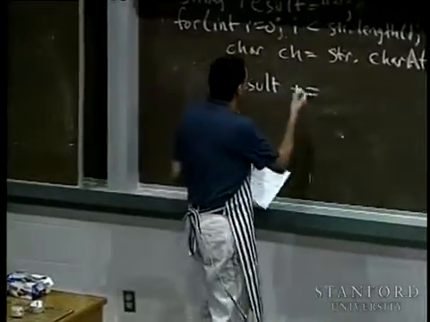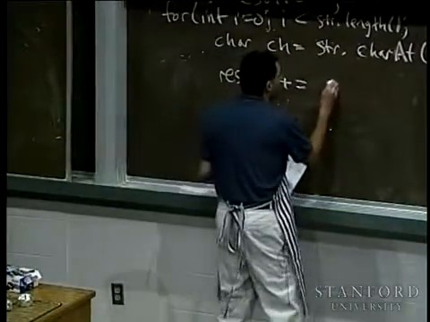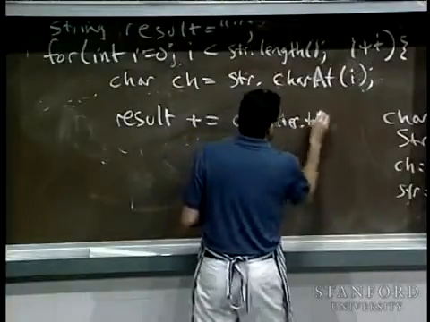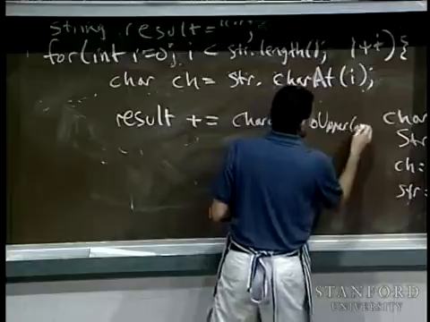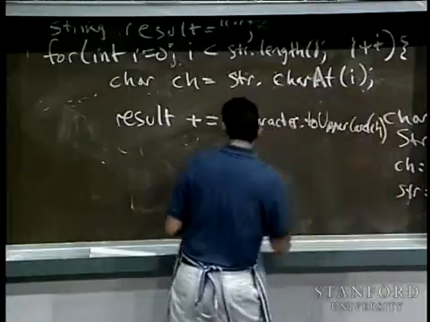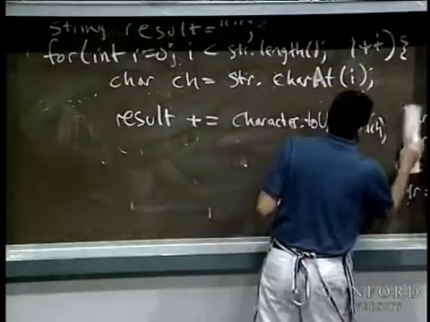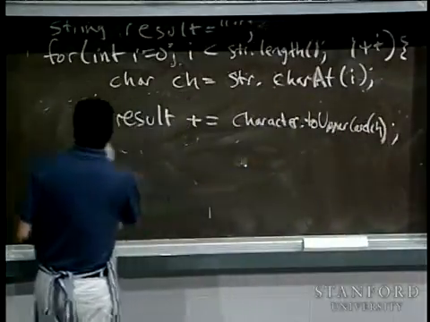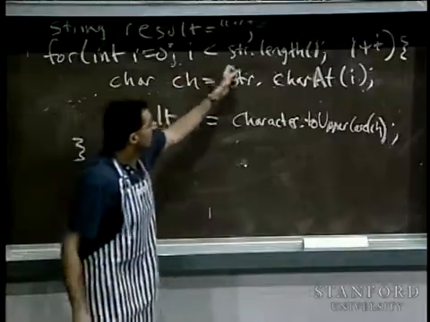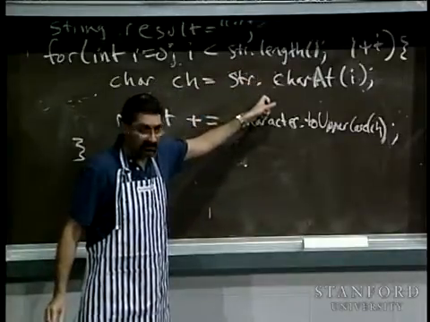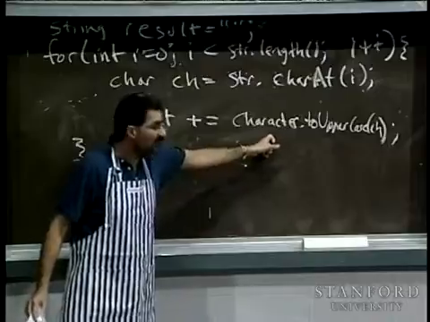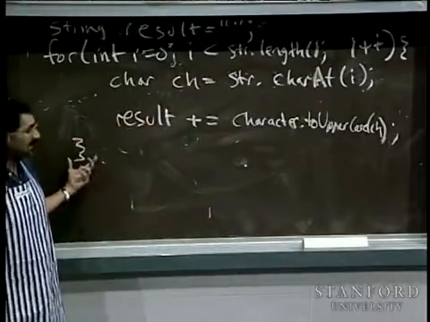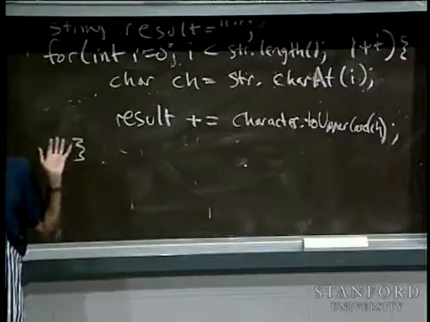So I might say result plus equals Character.toUpperCase of ch. Let me erase this over here just so we don't get any more confusion. What this is actually going to do is go through this string character by character, pull out each individual character, convert it to uppercase, and append it onto the result that I'm building up. So at the end, result will be an uppercased version of the string that I'm originally processing.